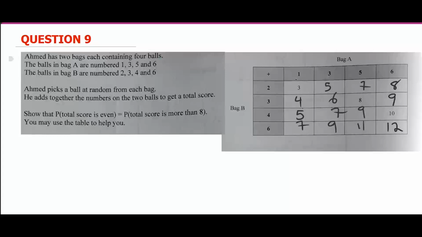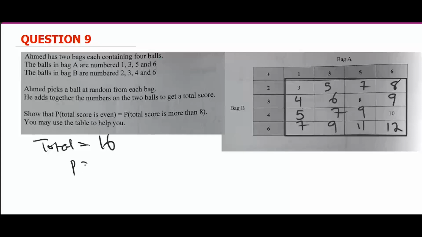Okay, so if you check the total now, that is your sample space, everything you have in this region. Okay, so let's count. You have 1, 2, 3, 4 rows, 1, 2, 3, 4 columns. So that means the total is equal to 16.